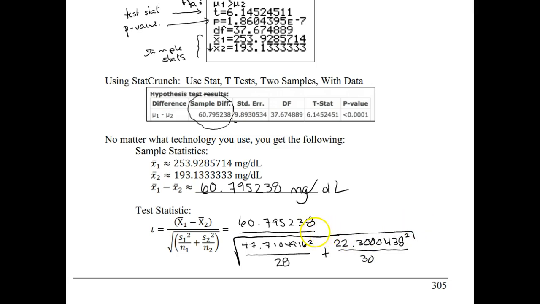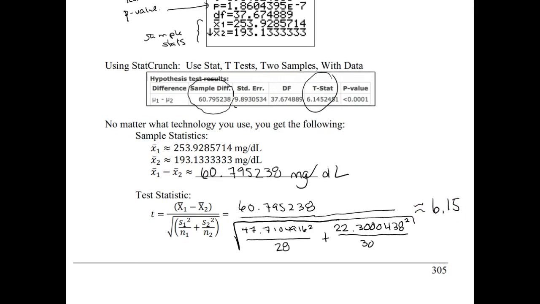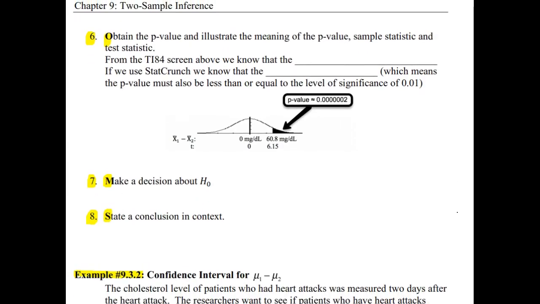So again, we're not going to actually run through that key punching. We're going to just cheat and take that test statistic right off of our technology. So again, whether you use a calculator or StatCrunch, either way, this is about 6.15. Okay. So these last few steps in Phantom. So obtaining the p-value.